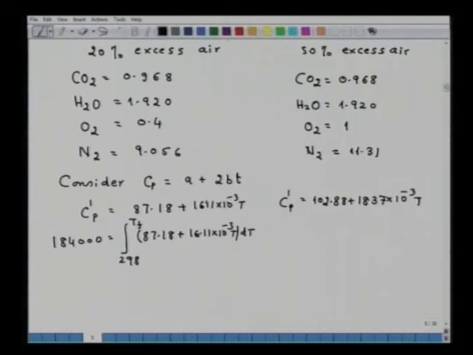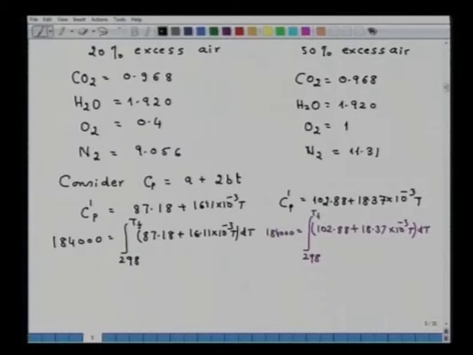For the other case, it will be 184,298 to TF of (102.88 plus 18.37 into 10 to the power minus 3 T) dt.